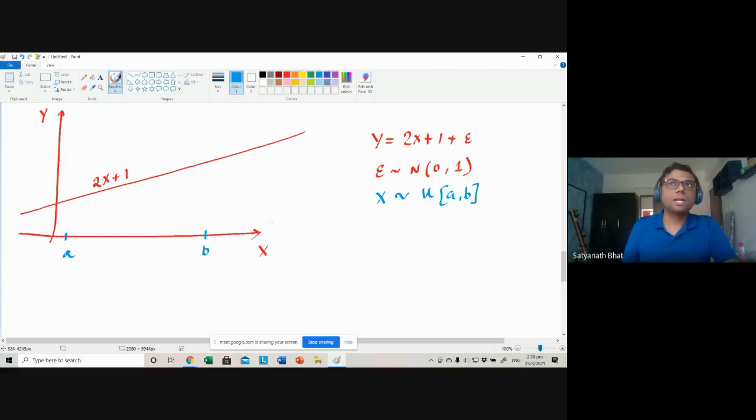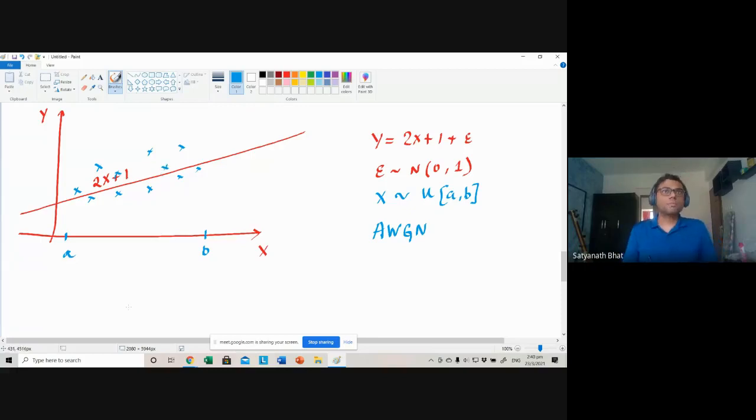Once I pick a point, I compute y as 2x plus 1, and then add some noise. If you learn some electronics, this is also called additive white Gaussian noise. It's just adding some variation. So basically your points will be around somewhere like this, and these are all the points that you will get.